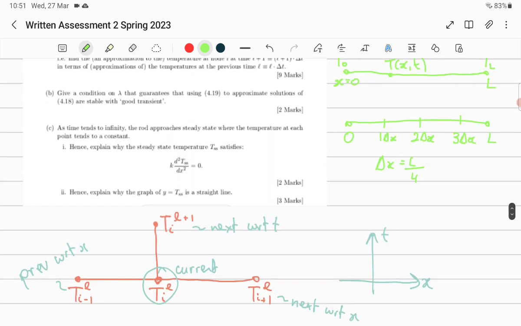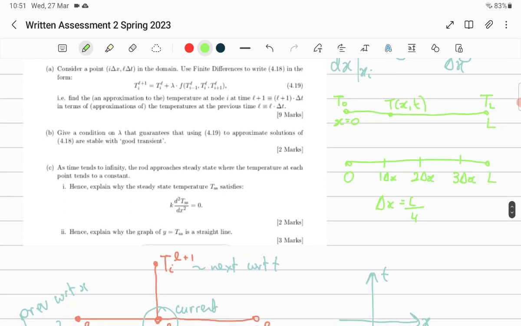I don't want to give the whole lecture, but this T i l for us is approximating the temperature at the point i delta x along the rod at a time l delta t. So delta t is the time interval, like the step size for time. So we've got a step size for distance and a step size for time.